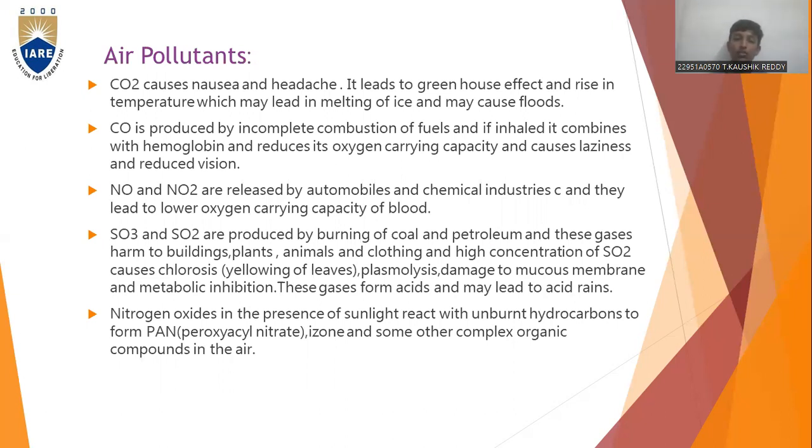SO3 and SO2 are produced by burning of coal and petroleum, and these gases harm buildings, plants, animals, and clothing. A high concentration of SO2 causes chlorosis, yellowing of leaves, plasmolysis, damage to mucous membranes, and metabolic inhibition. These gases form acids and may lead to acid rains.